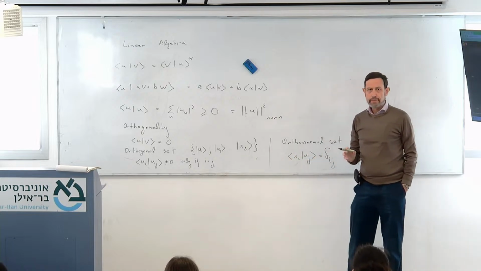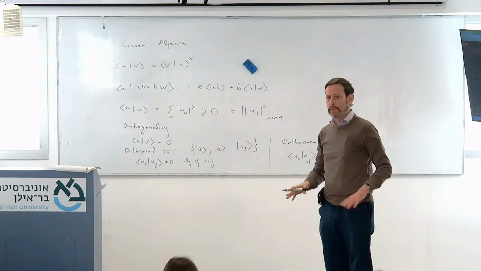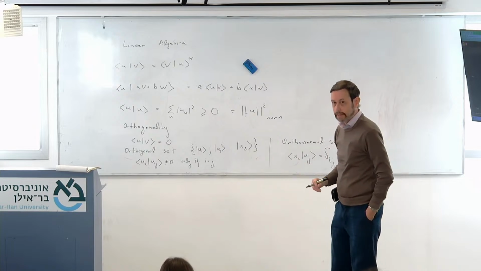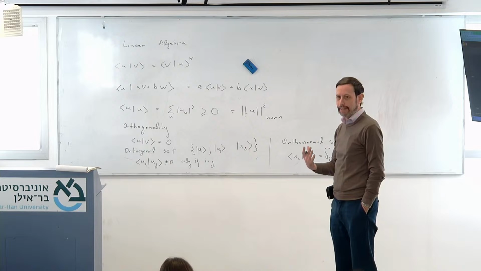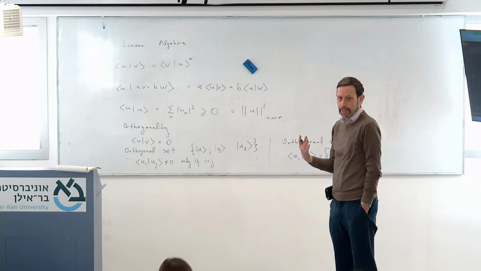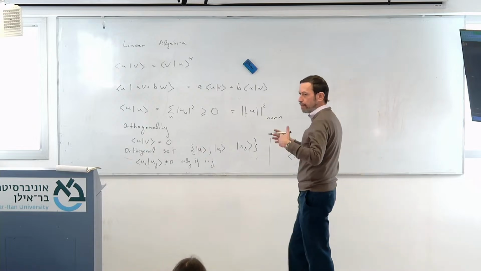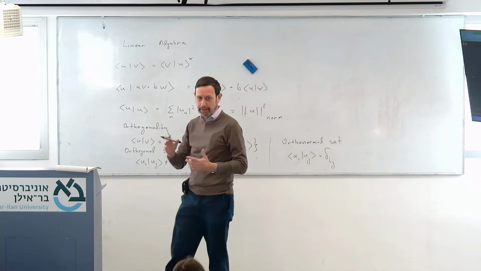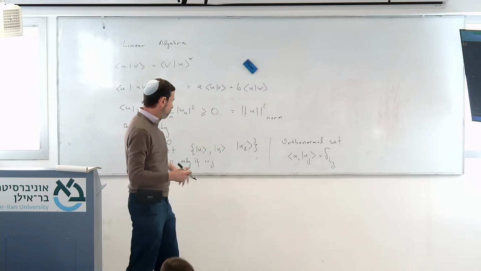So, if I have vectors of dimension n, the largest orthogonal or orthonormal set that I can build is of size n. I can't build a larger set that will be orthogonal or orthonormal.